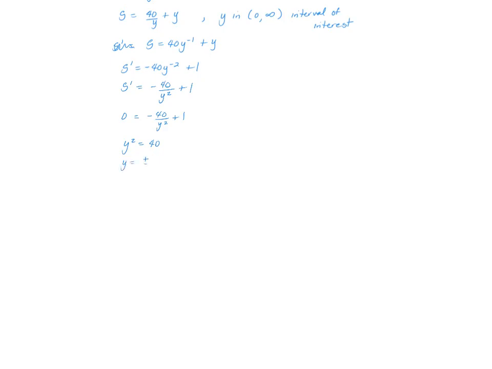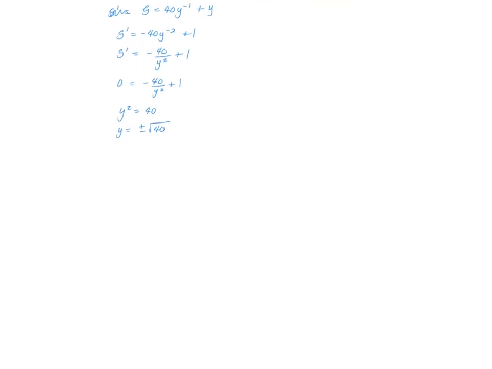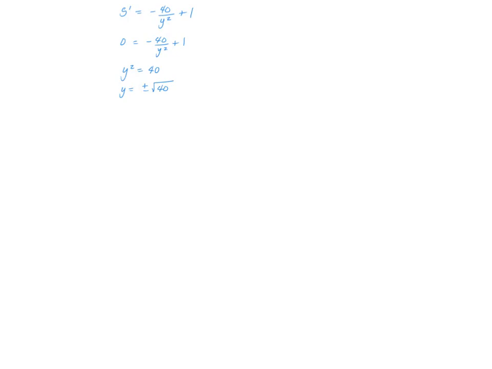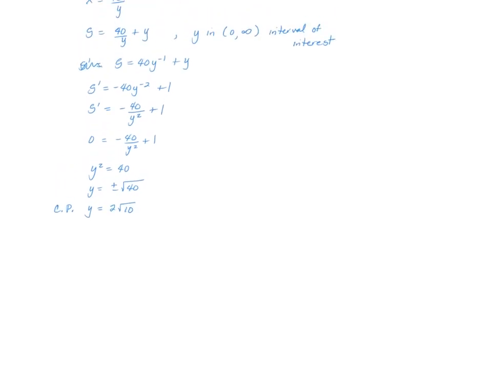So y is equal to plus or minus the square root of 40. Now again, y has to be a positive real number, so I can throw away that negative value and look at my critical point for my derivative as just being the square root of 40, which I'm going to write as 2 square root of 10. Okay, I have one critical point. I'm going to go back to this interval of interest.